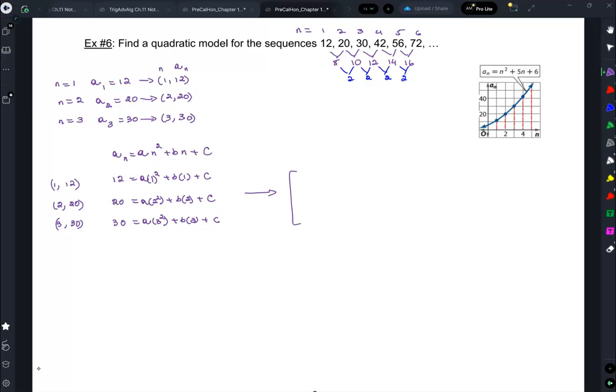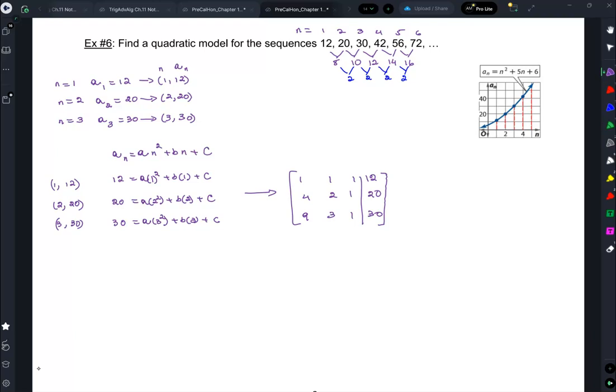Let's do a matrix. So the coefficients of this first one are going to be 1, 1, 1, and 12. Remember? Here it's going to be 4, 2, 1, 20. Then 9, 3, 1, 30. In chapter 6, we learned all about doing this by hand, okay?